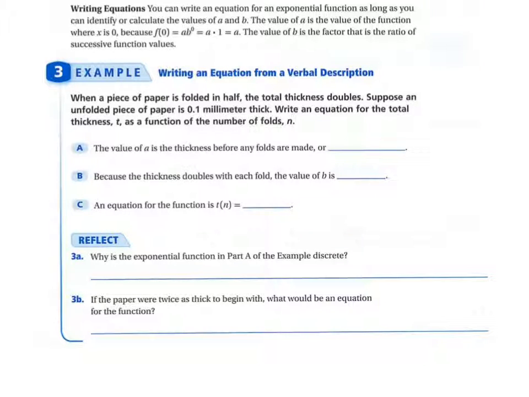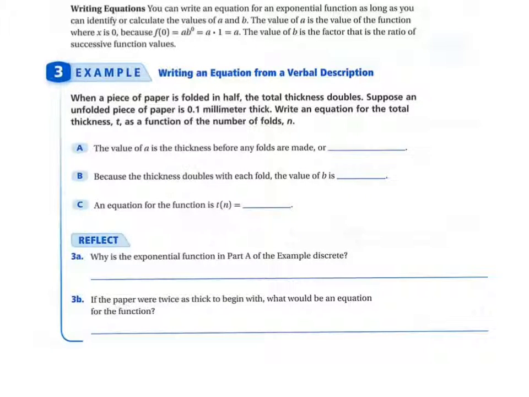Okay, so let's write an equation from a verbal description. We start with a piece of paper and we fold it in half. The total thickness doubles. Suppose an unfolded piece of paper is 0.1 millimeters thick. We're going to write an equation for the total thickness t as a function of the number of folds n. So we're going to have t of n.